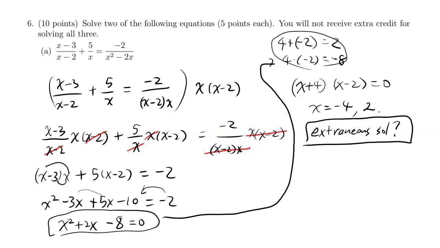Now, a small tip is if you have a fraction, then as long as these numbers don't make the denominator equal to 0, it won't be an extraneous solution. See, negative 4 doesn't make any of these denominators 0, so that's okay. But 2, think about this. What's 2 minus 2? That's 0, right? So that's a no-no. This will be an extraneous solution because it will make this denominator equal to 0, so it can't be a solution. So the final answer that you have here is that x equals negative 4.